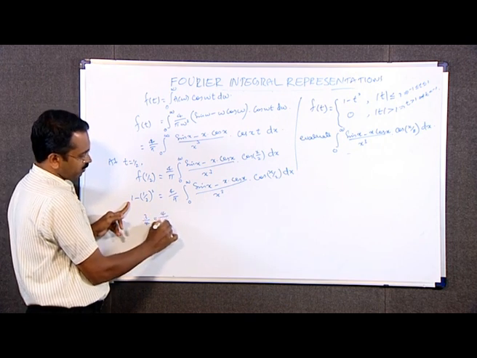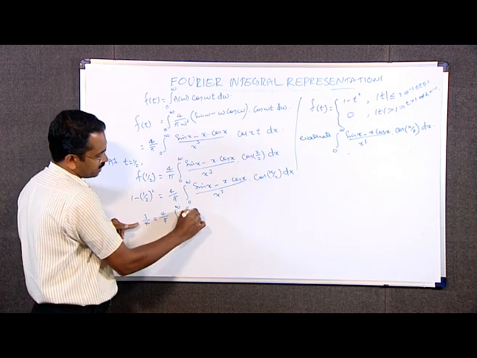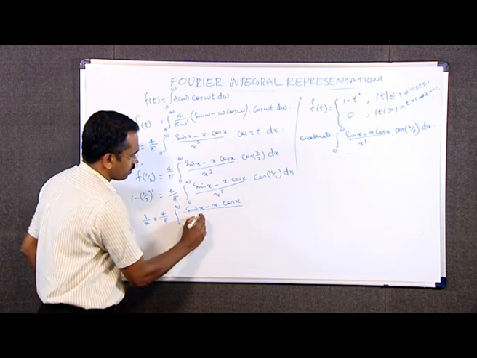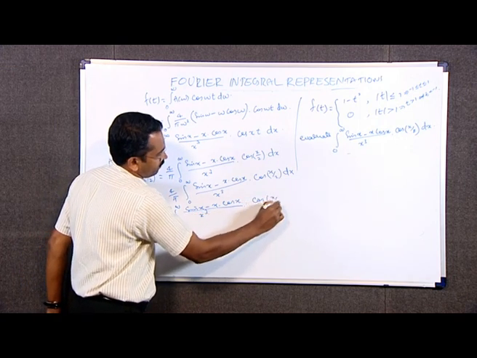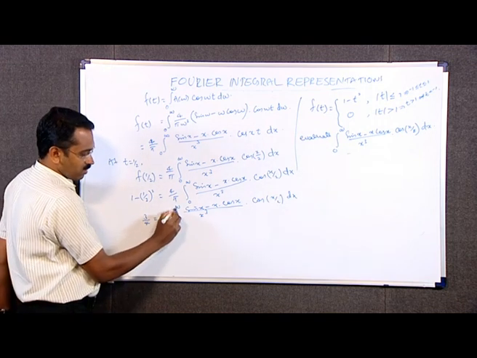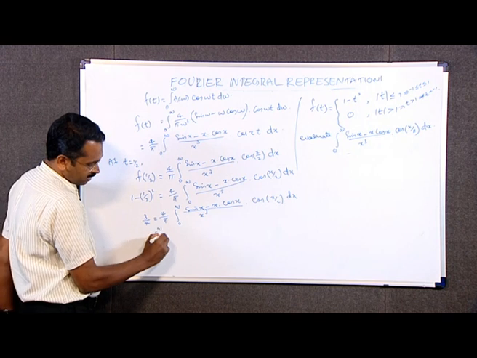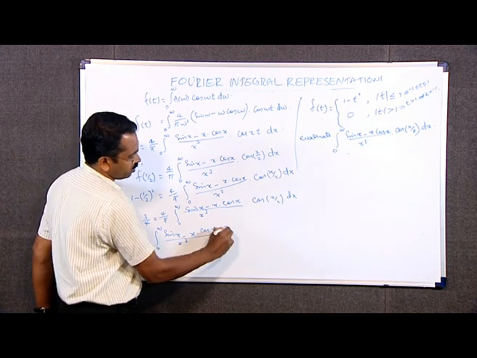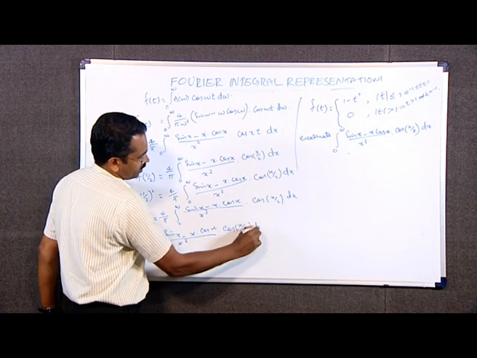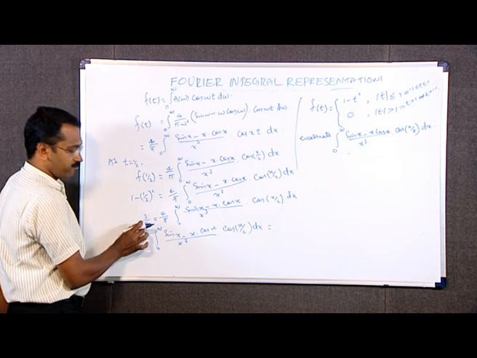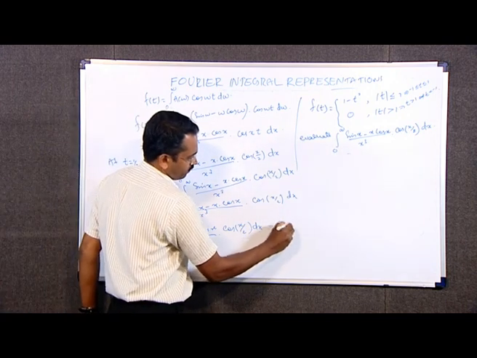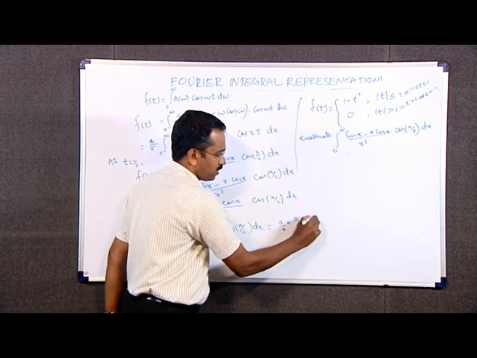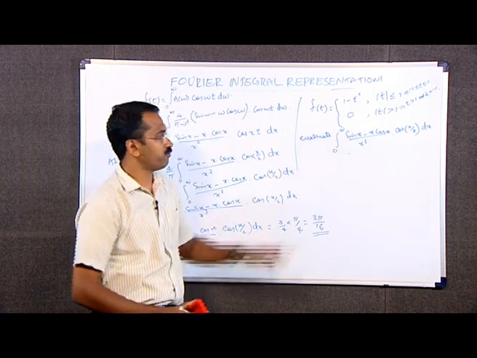So the value of the integral from 0 to infinity of sin x minus x into cos x divided by x cube into cos x by 2 dx is 3 by 4 into pi by 4, that is 3 pi by 16. This is the value of this integral.